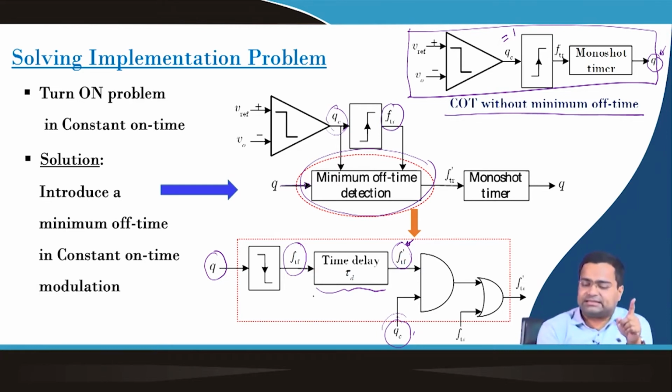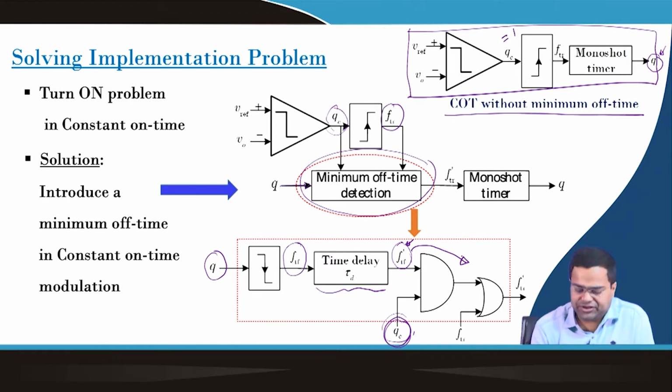During this time we want the monoshot timer, or the switch, to remain off. If this signal still remains high, then the output of this AND gate passes the delayed falling edge trigger pulse, which is ANDed with the trigger pulse that was coming from here.